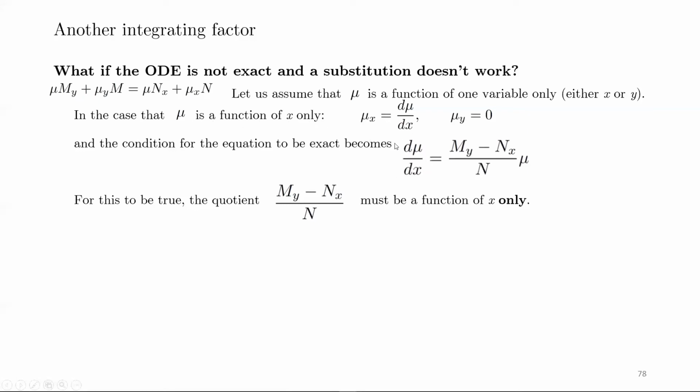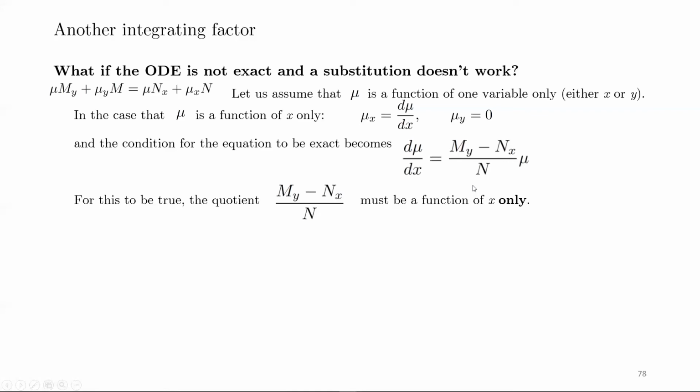So this whole left-hand side of this equation is a function of x only. If the left-hand side of the equation is a function of x only, then surely the right-hand side of the equation should be a function of x only. Mu is a function of x, we already said in this case. So therefore this ratio here should also be a function of x only.